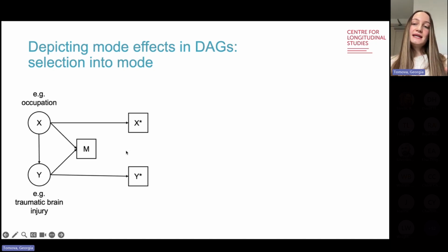And sometimes the easiest way to understand things is if we were to assume that actually this relationship that we're interested in is null. So there's no effect of the exposure on the outcome. This is because when we look at the analysis or plots, if we see an effect, then it will be much easier to understand that this is due to bias rather than a real effect taking place.